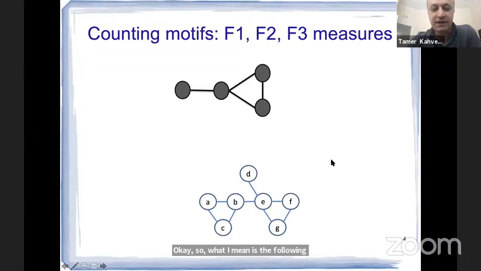Okay, so what I mean is the following. Assume that this is a system with a limited resource. So these are gene products, and you have a limited product. So when the motifs are representing the functional units, for example, feed forward loops or feed backward loops, whatever the underlying function is, the purpose of making them edge independent or node independent is that we consider these as limited resources.